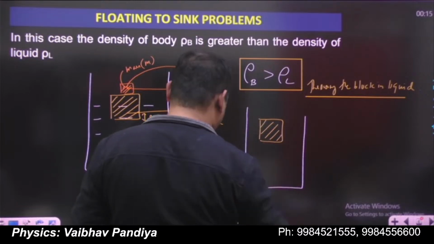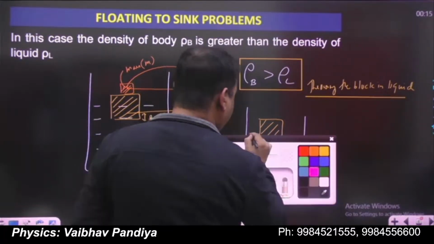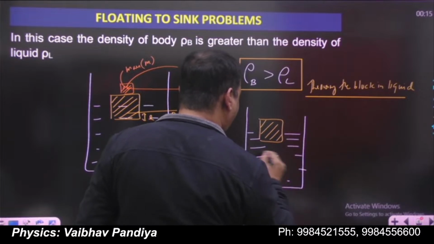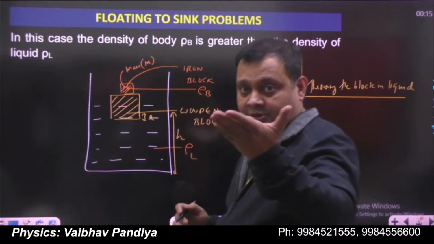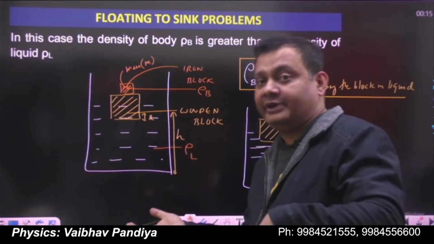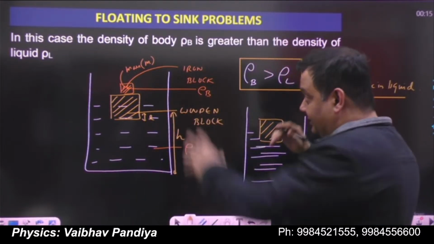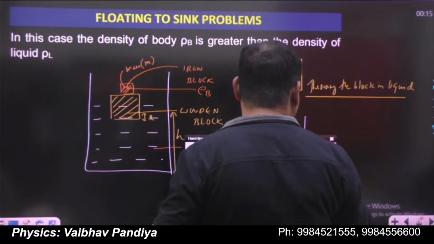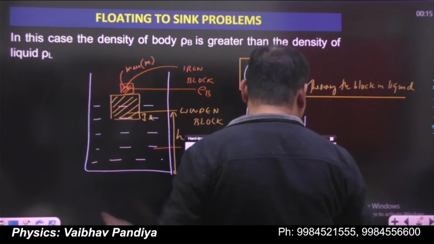So one thing is for sure, as we did earlier, this wooden block will get lifted up because now a lesser upthrust is needed to balance its weight. Earlier, the upthrust was balancing both the weight of the iron block as well as the weight of the wood, as we have seen in the previous analysis.